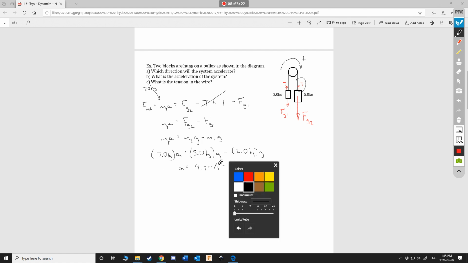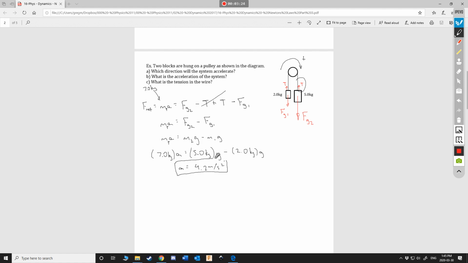So to solve for the next part, we're going to do exactly what we did in the previous question. We have to look at one of the blocks individually. For example, if I look at that 2 kilogram block, here's just the 2.0 kilogram block. We know it has Fg1 going downwards, but there's also that tension force going up.